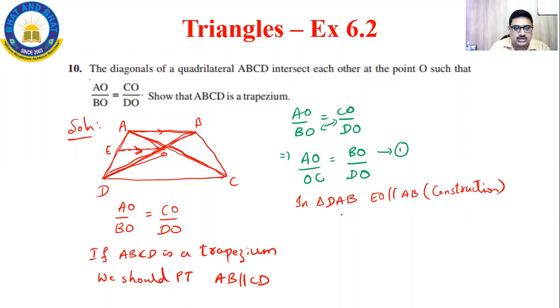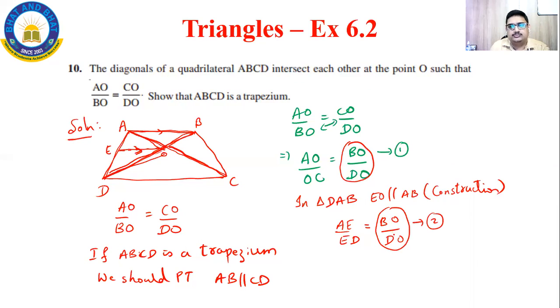So via this construction, what can I write now? I can say AE by ED is equal to BO by DO. So this is my second equation. Observe, BO by DO.